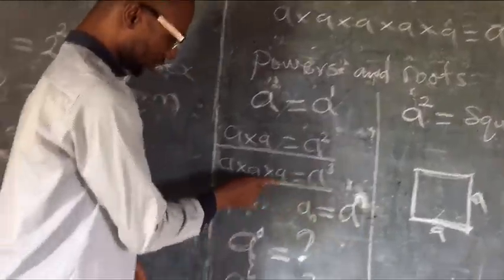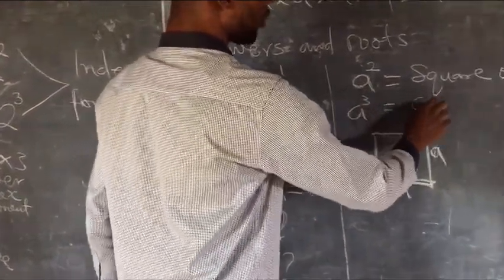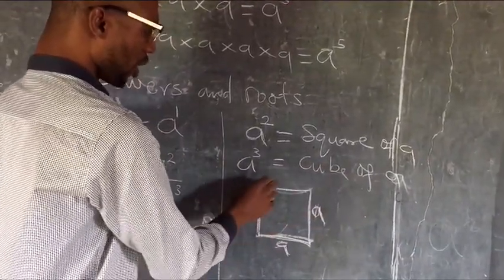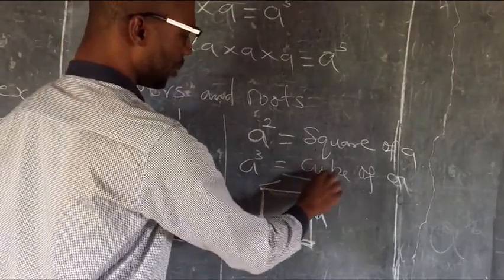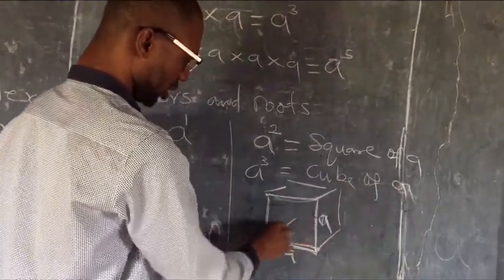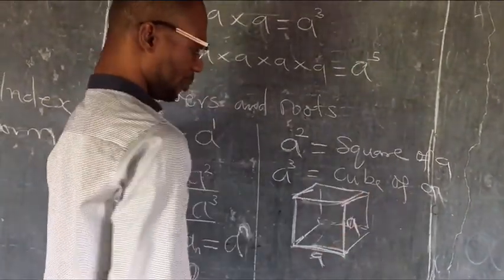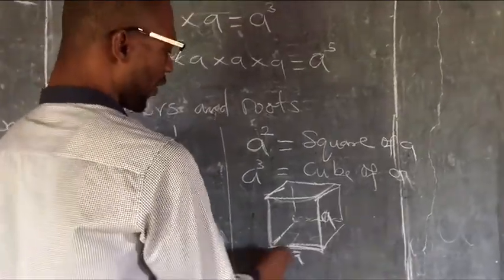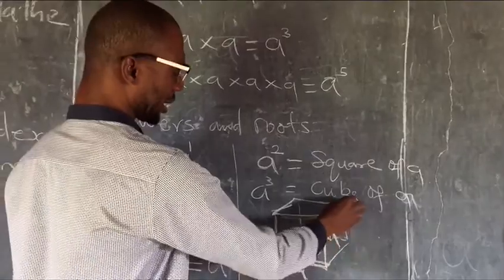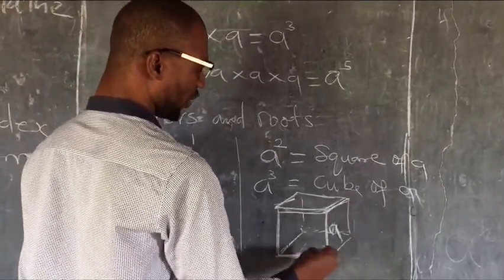How about this one? If I raise A to power 3, we will call it A cube, because if I turn this shape to a solid, it is something that is 3-dimensional. I will explain when we talk about shapes. Now, if I turn this square to a solid, I will get 3 lengths that connect equally, and all of them are equal.